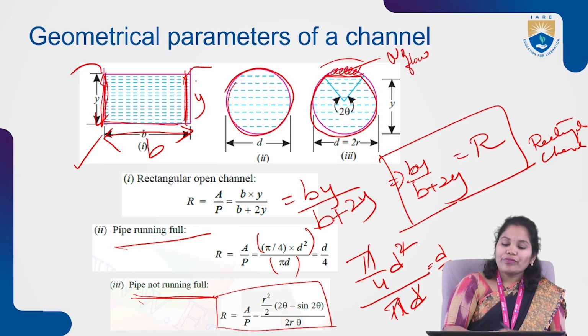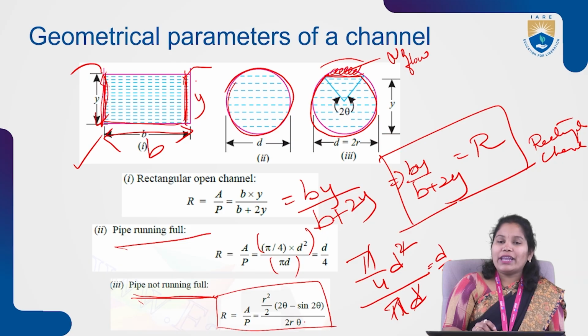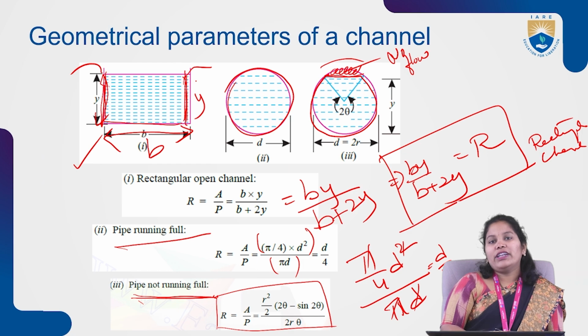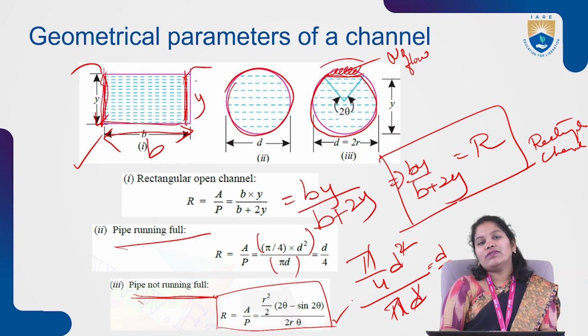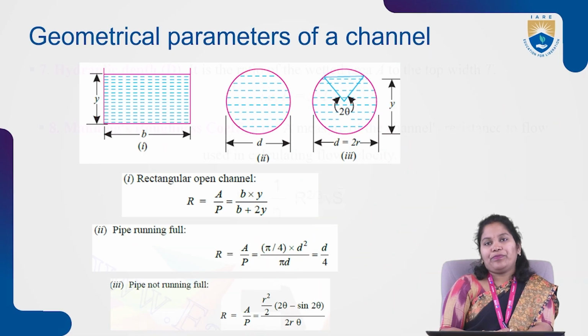So A by P. What is the area? It is R square by 2 into 2 theta minus sine 2 theta, by 2 R theta. This is the equation of hydraulic radius for a pipe not running full.